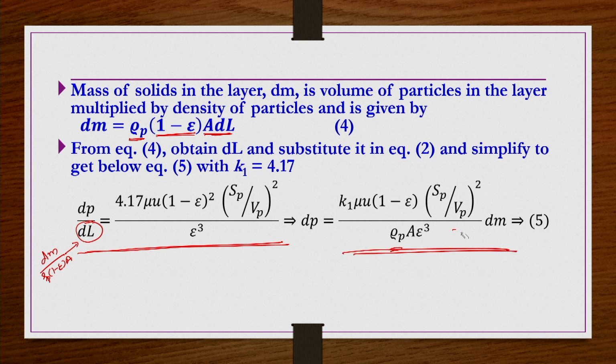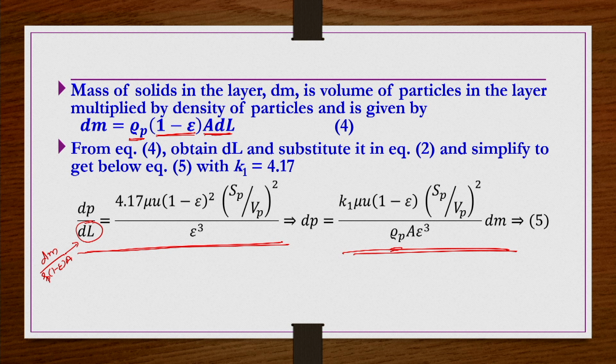Finally we get this equation: dP equals K1, a constant, whatever 4.17 is there, that we can take as K1. The 150 in the flow through packed bed equation is also based on experimental observation best suiting the tortuosity factor, etc., so those constants may slightly change. It is not necessary to stick to those constant values as they are.